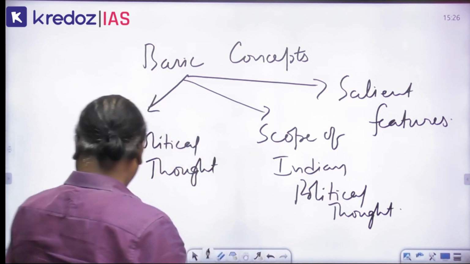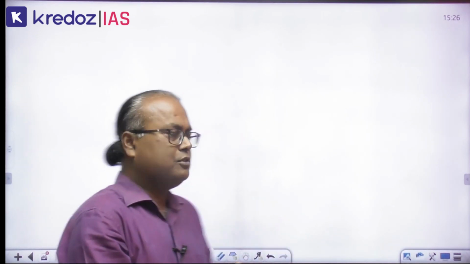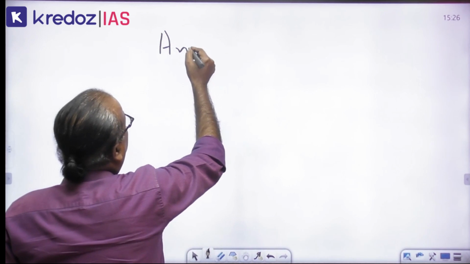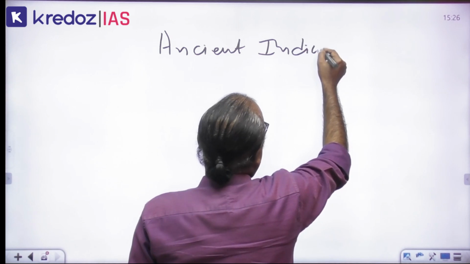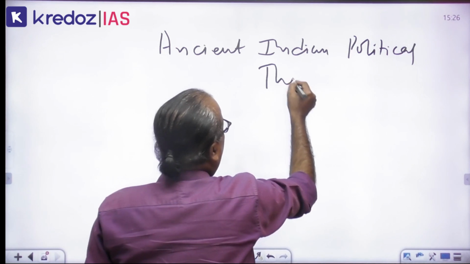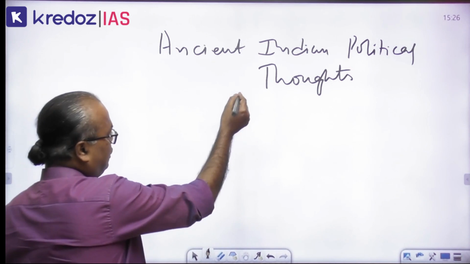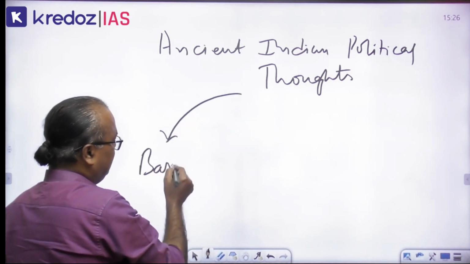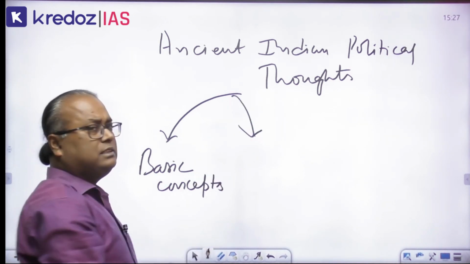Now, one by one, we are going to discuss ancient Indian political thought, and then we are going to cover modern political thought. So at first, ancient Indian political thought. You have to understand at first the basic concepts, then the Dharma Shastra.